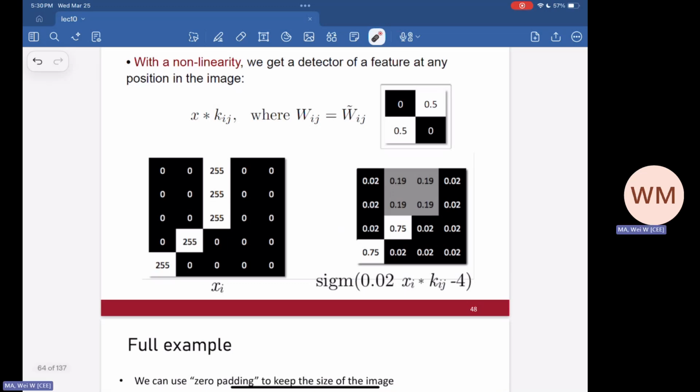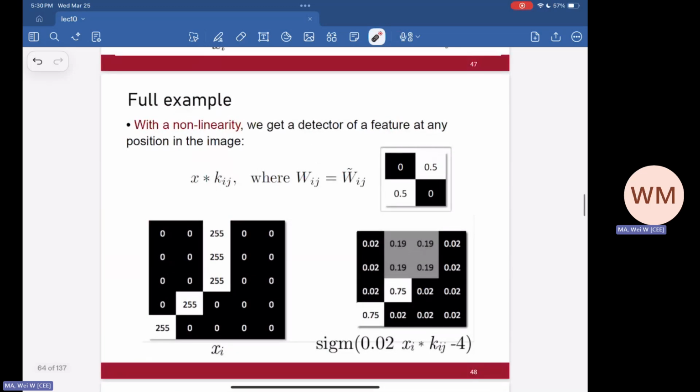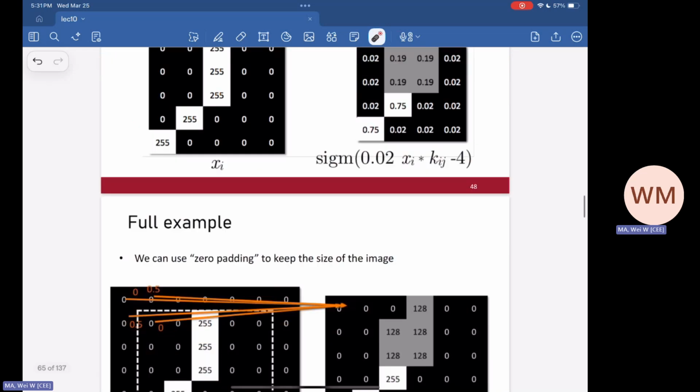Okay, some special case. What if you don't want to reduce the size of the output? So here you can see that the output size is actually reduced. What you can do is we call it padding.